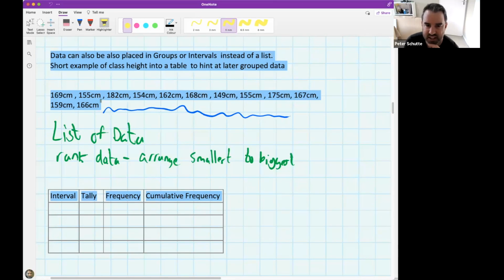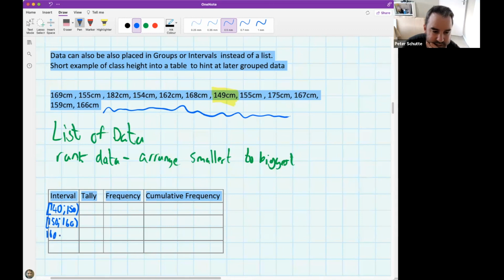And so the question is, where should I start? Well, if I scan through my data, the smallest value, or the minimum value, is 149. So why don't I go from 140, and in fact, let's use that notation where I include and exclude. So from including 140 but excluding 150, and then 150, including 150, excluding 160.